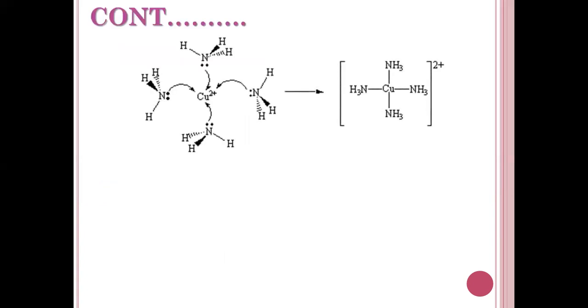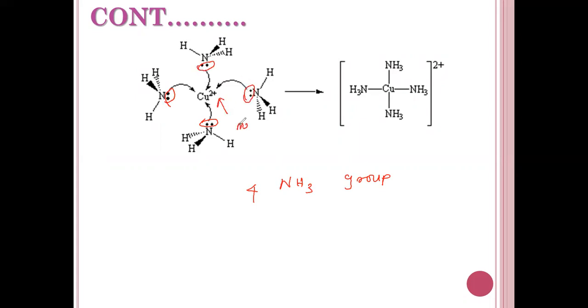Simply, you can see here what is happening. You have 4 ammonia groups NH3. Each is providing its lone pair to the metal ion, with the arrow towards it.